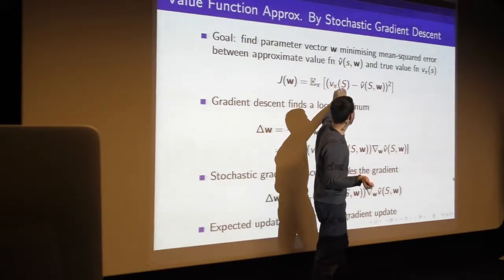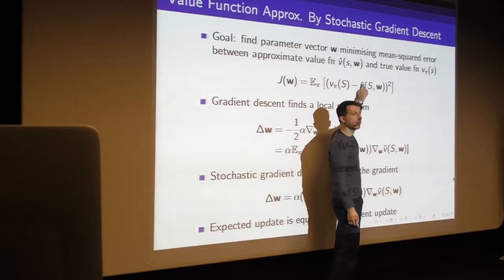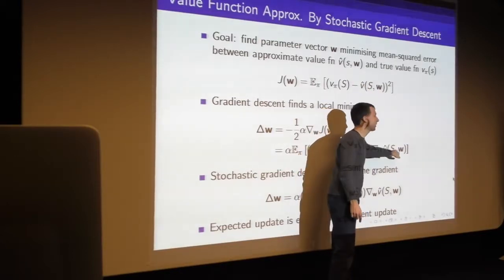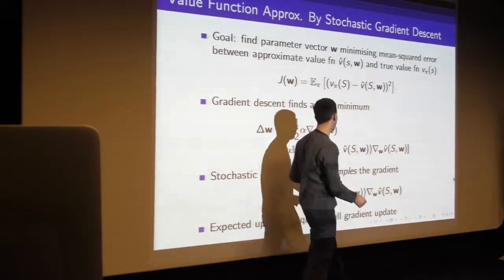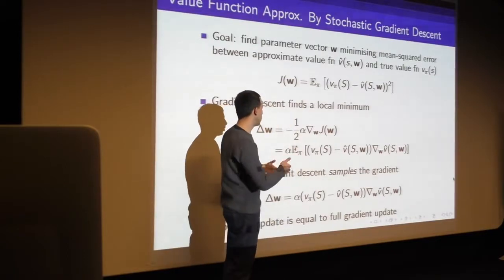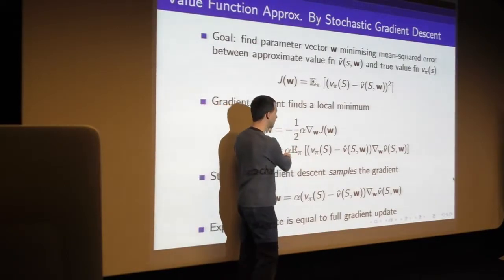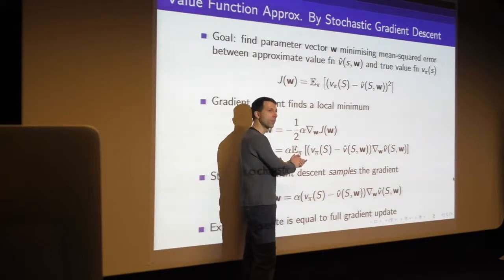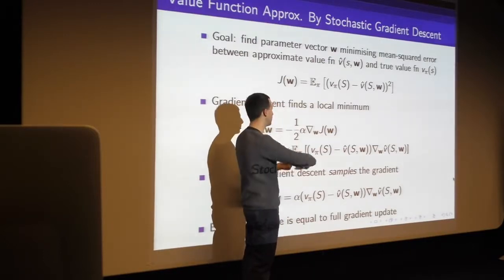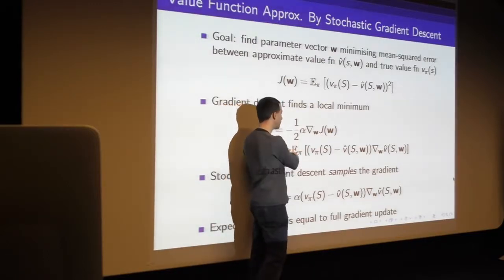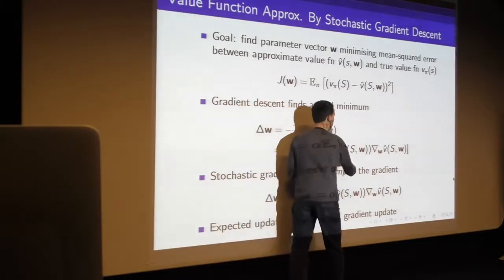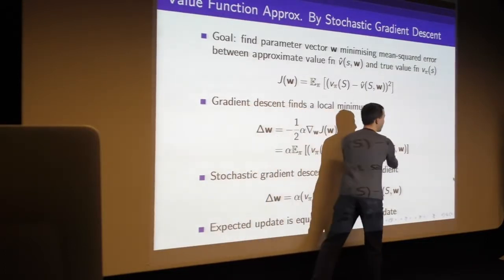So the gradient of this thing is just the gradient of our function approximator, v hat. So we get this term here. So to do gradient descent, all we need to do is move a little bit. Forget the expectation for a minute. That's just going to be averaging over all the samples we see. We're going to move a little bit in the direction of the error that we see in each state, multiplied by the gradient.